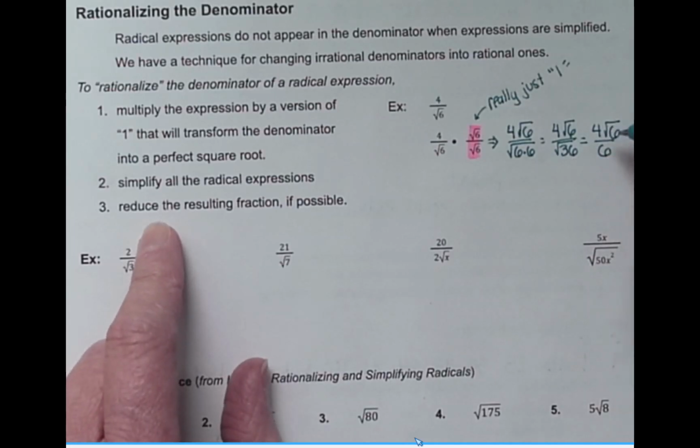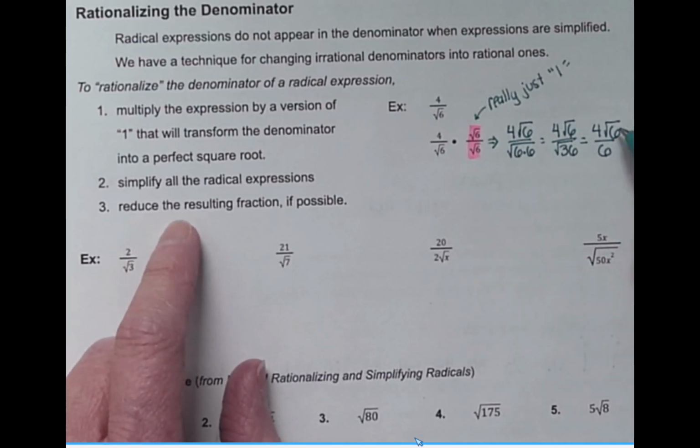And the numbers that are outside the radical, I can reduce those just like any other fraction. If I had the fraction 4/6, I would reduce that to 2/3. And I also want to note, you cannot cancel these 6's. This is a 6.